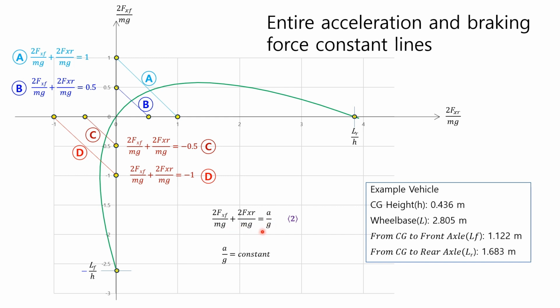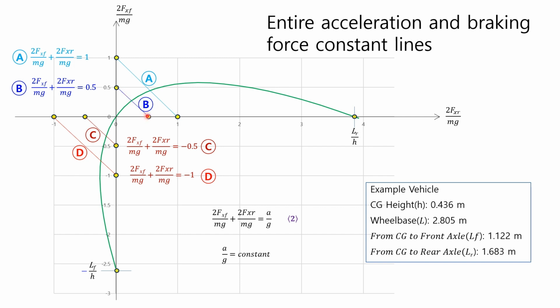Therefore, when the vehicle accelerates at 1 g-unit, the line where the entire acceleration is constant can be expressed by equation A, which is represented by the light blue straight line in the figure. In addition, when the vehicle accelerates at 0.5 g-units, the line where the entire acceleration is constant can be expressed by equation B, which is represented by the blue straight line in the figure.